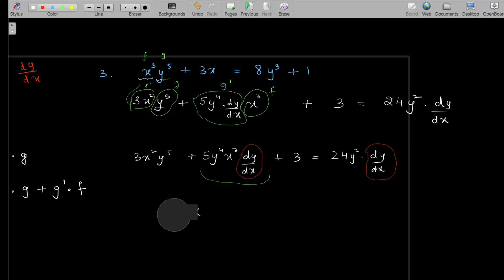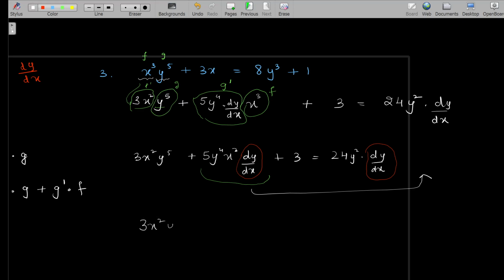So we are trying to isolate dy over dx. So start collecting the terms of dy over dx on one side of the equation. Bring all the dy by dx terms on the right hand side so that they are together.